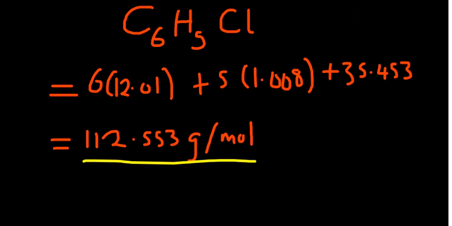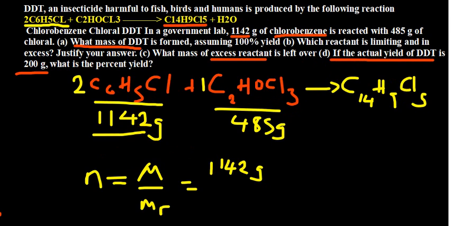We have 6 carbon atoms. The molar mass of carbon is that, the molar mass of hydrogen is that, and that's the molar mass of chlorine. After doing your calculations, this is what you get as your molar mass: 112.553 grams per mole, and we divide that into the given mass.